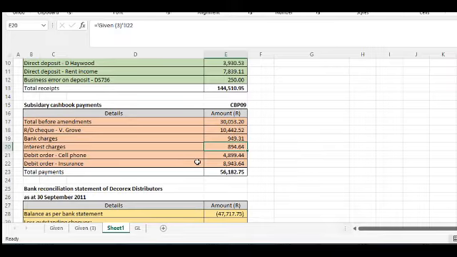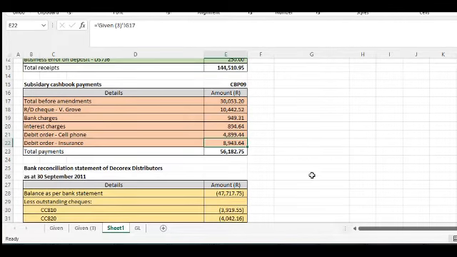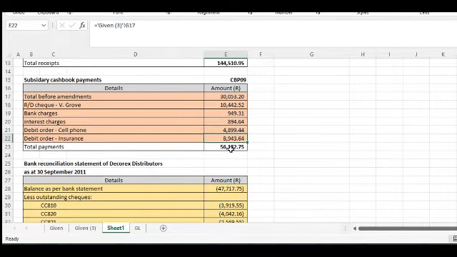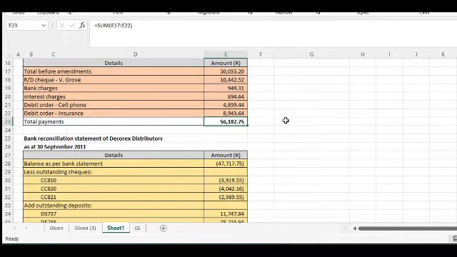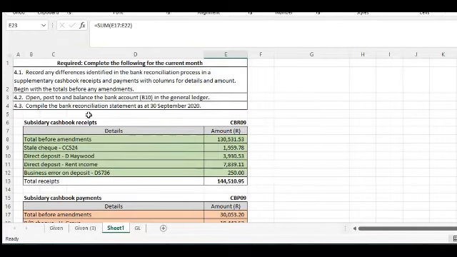And then there were the 2 debit orders that we picked up that we must still record. And so we do it, the debit order for the cell phone and the debit order for the insurance. We add all of this up and we get a new total for cash book payments, which is 56,182.75.